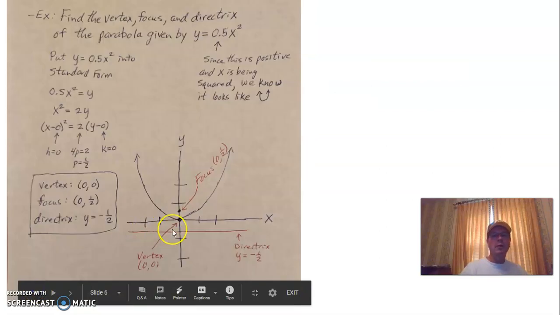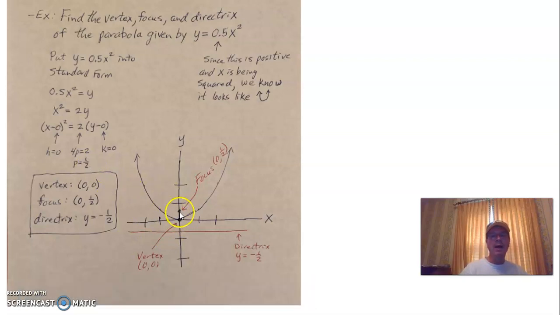The focus will be directly above the vertex by how much? P, by 1/2. So if I'm at the origin and I go up by 1/2, I'm now at the point 0, 1/2, because I didn't change the x direction, and I just went up from 0 to 1/2. So the focus is 0, 1/2.